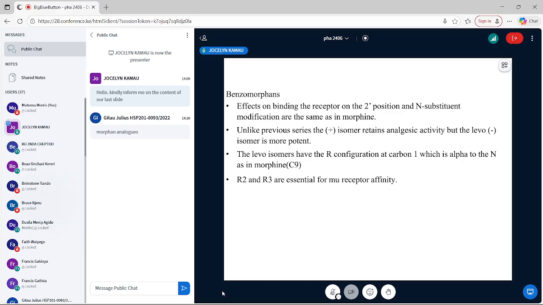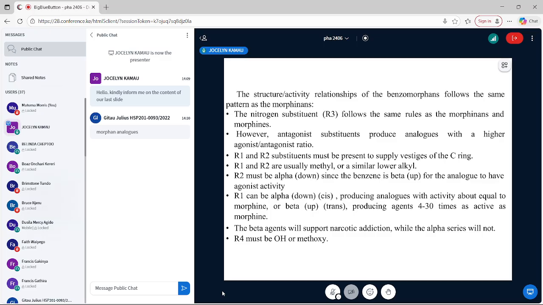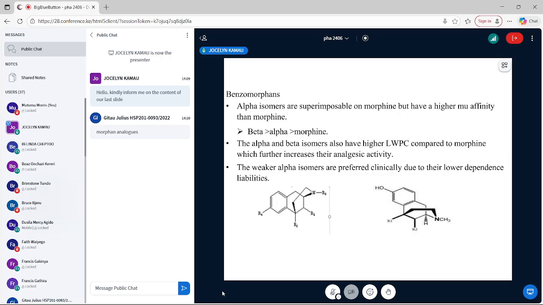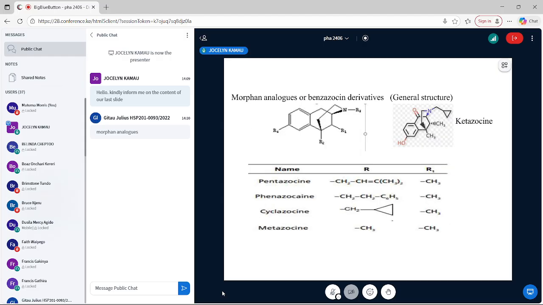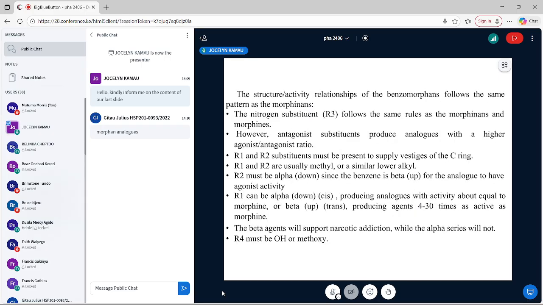When it carries the beta orientation, you get the beta compound, and the resultant compound has much more activity, and as we discussed, it will have more toxicity, or it will be more liable to addiction. I think we were able to mention that stereochemistry is very important.